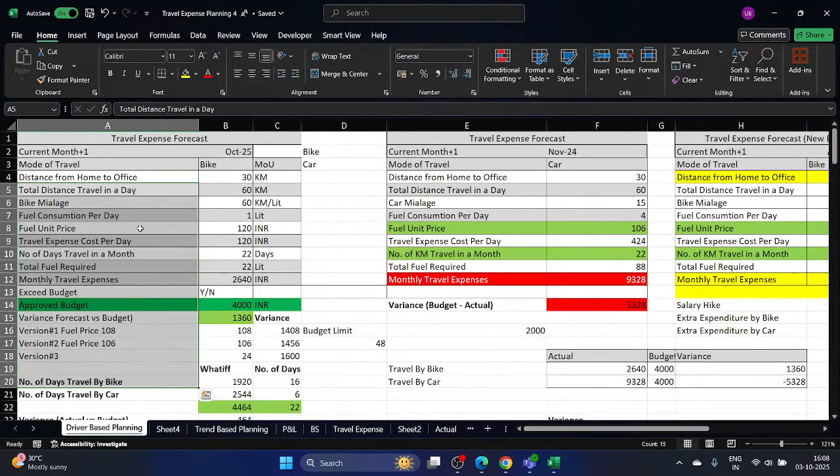Here the same thing applies, like the bike mileage. The bike mileage is 60 kilometers per liter. So if the bike consumes 1 liter of petrol, 1 liter of fuel, when it runs 60 kilometers, then per day fuel consumption would be 1 liter, because our distance is 60 kilometers and the bike mileage is also 60 kilometers.